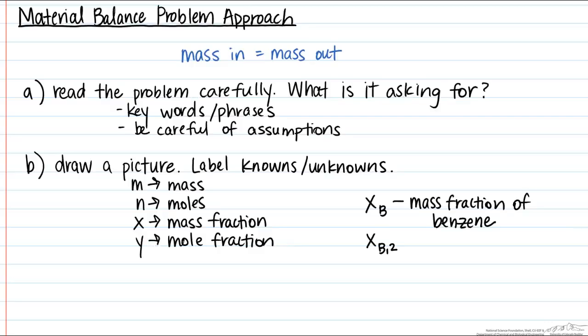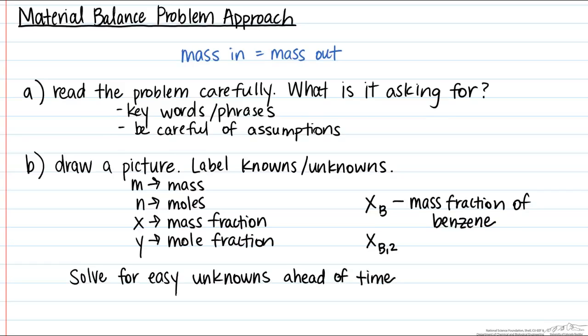Another suggestion is to solve for the easy unknowns ahead of time. Don't do major calculations, because first of all, you may end up confusing yourself, and second of all, somebody looking at your flowchart may not understand how you got a certain number.